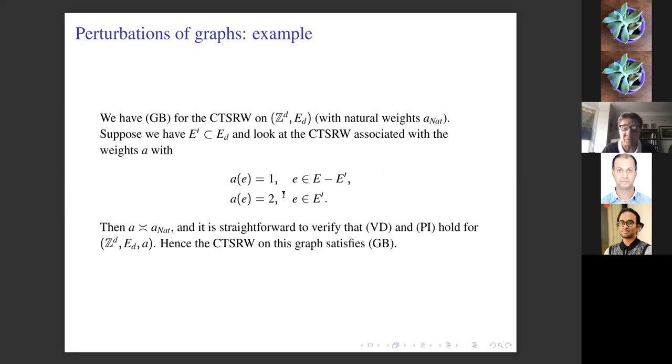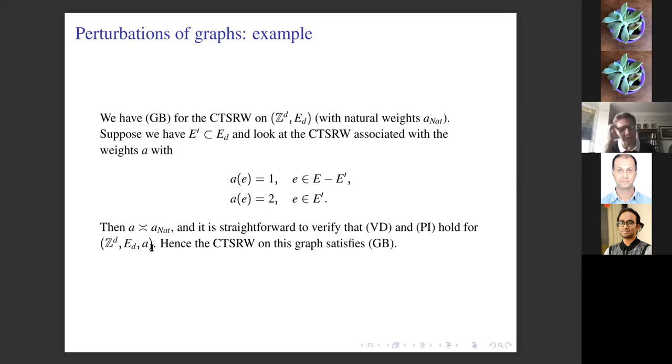On the other hand, the new weights and the original weights are bounded above and below by constants. I'm going to use this symbol here to mean bounded above and below by positive constants. And it's fairly straightforward to show that volume doubling and the Poincaré inequality hold for the new graph.